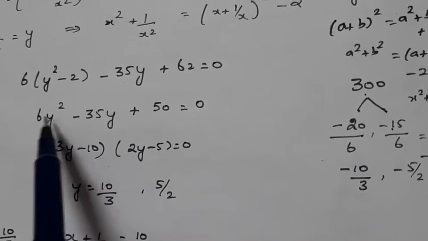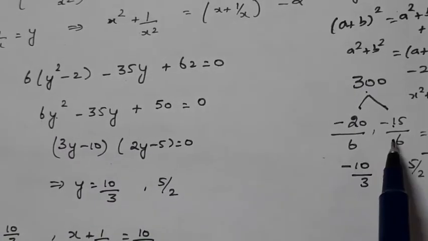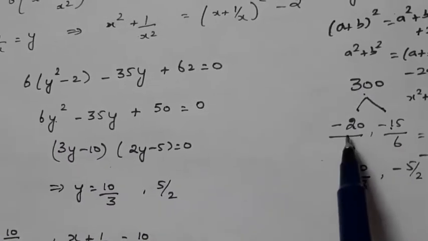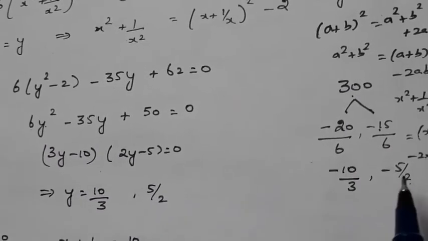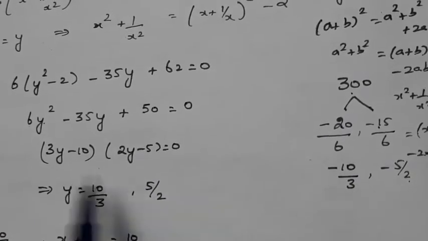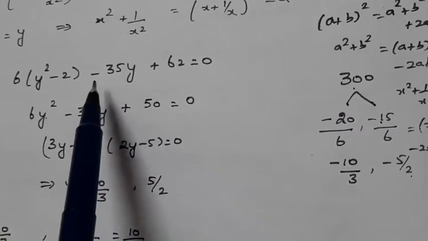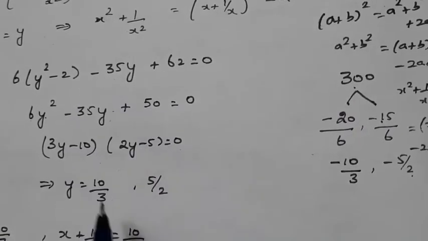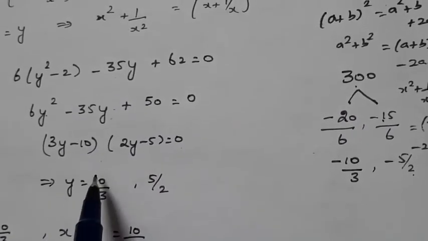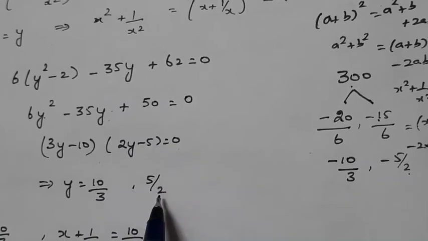So, as the coefficient of y squared is 6, let us divide by 6, and simplifying it will be minus 10 by 3 and minus 5 by 2. So, 3y minus 10 and 2y minus 5 equal to 0 are the factors for this quadratic equation, and this implies that y is equal to 10 by 3 or y is equal to 5 by 2.